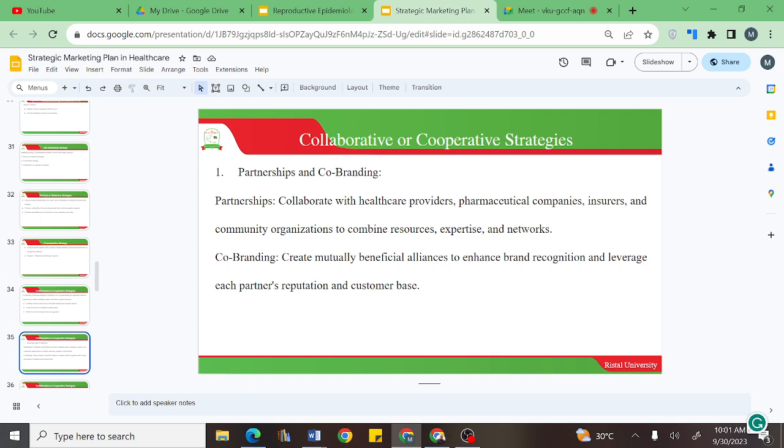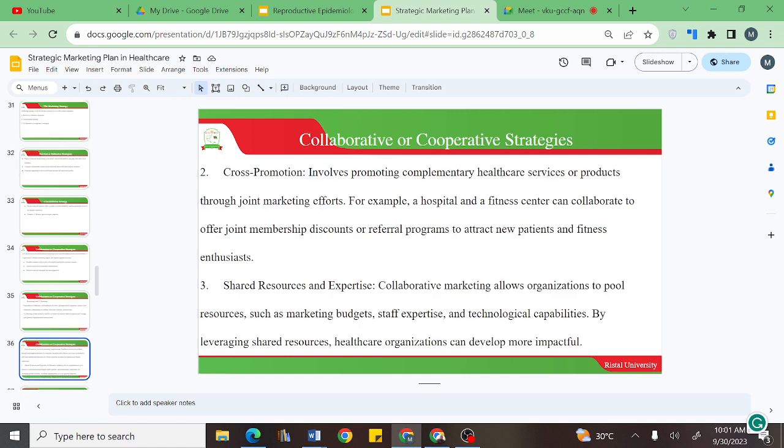With co-branding, you're interested in creating mutually beneficial alliances to enhance brand recognition, leveraging each partner's reputation and customer base. You can do cross promotion, where you market or promote complementary healthcare services or products through joint marketing efforts.